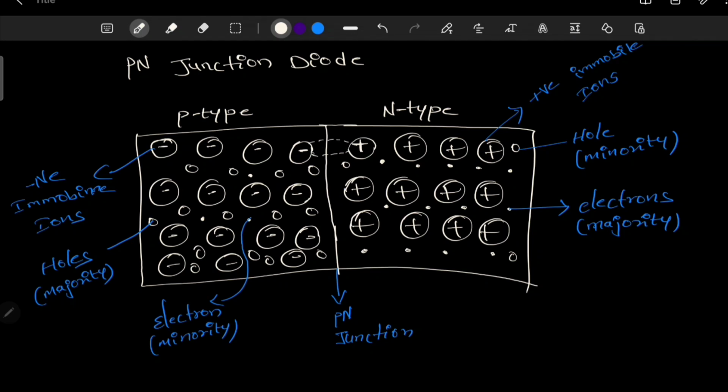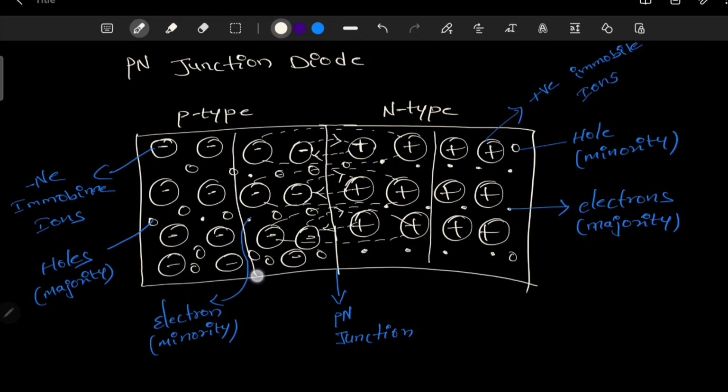So these two will attract each other. See, here I am showing that the positive immobile ions of the n-type move towards the p-type, and the negative immobile ions of the p-type shift towards the n-type. Like this the process will be done. This diffusion process continues until the barrier potential is formed.